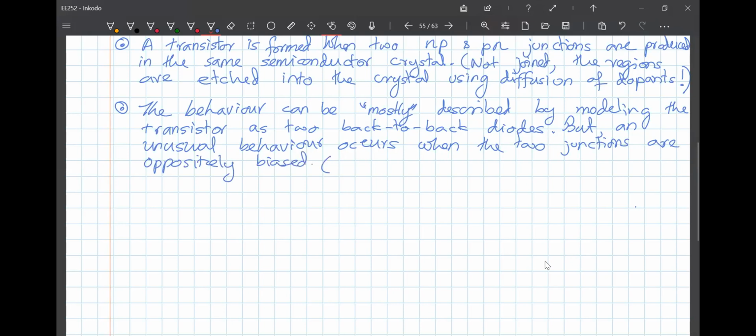In other words, one forward biased and the other reverse biased.